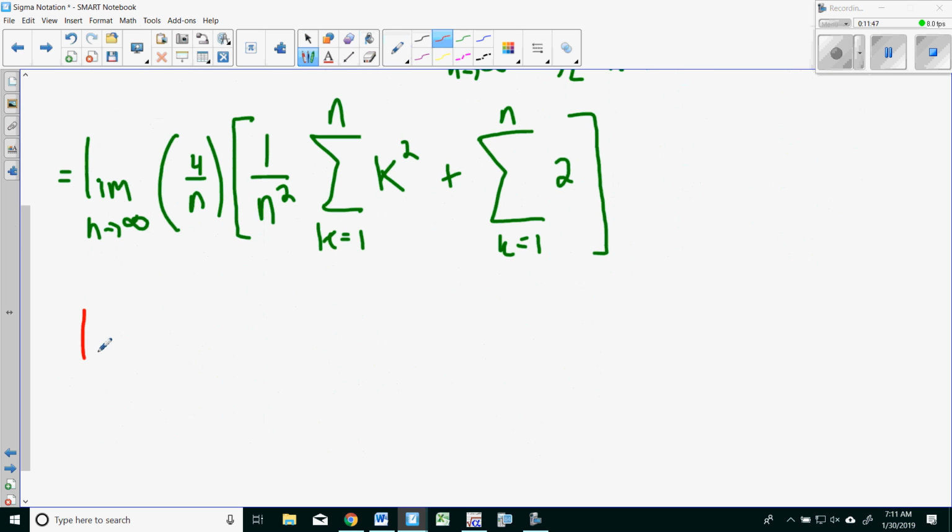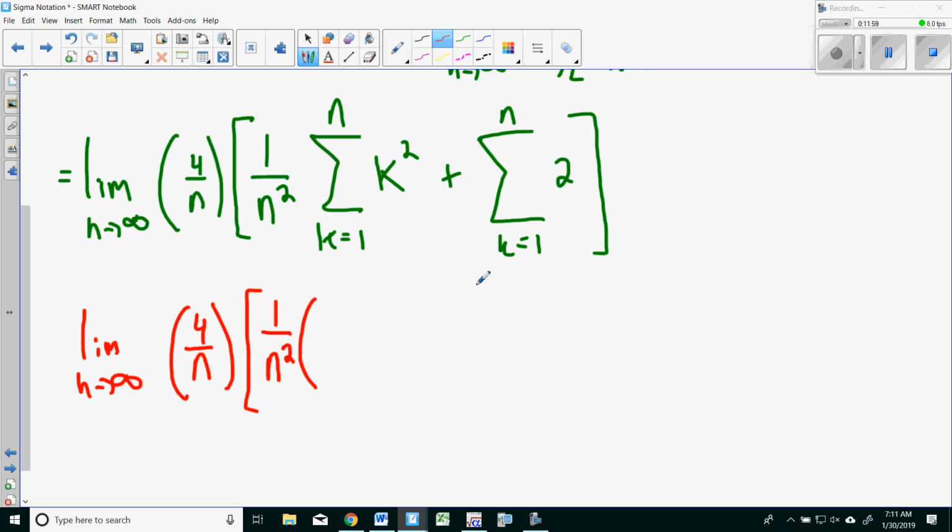So here I have the limit as n goes to infinity of 4 over n. That's still kind of hanging around out in front. I have 1 over n squared. Now, my sigma of k squared is (2n cubed plus 3n squared plus n) all over 6, plus 2n.